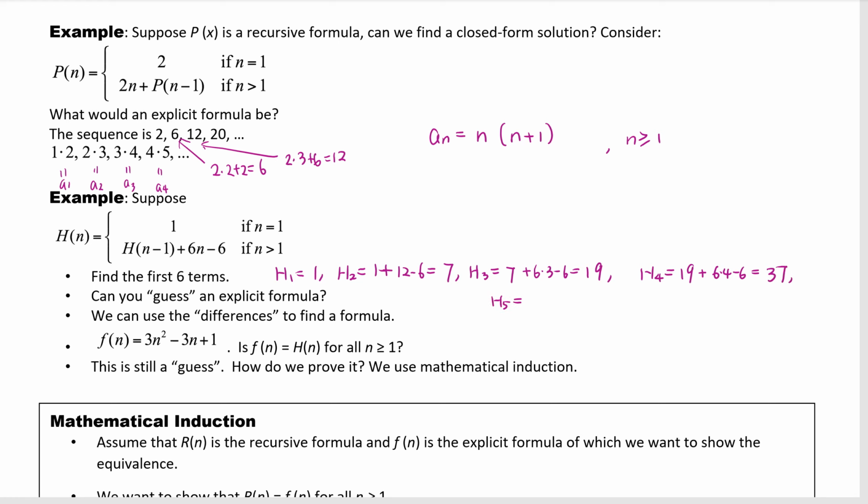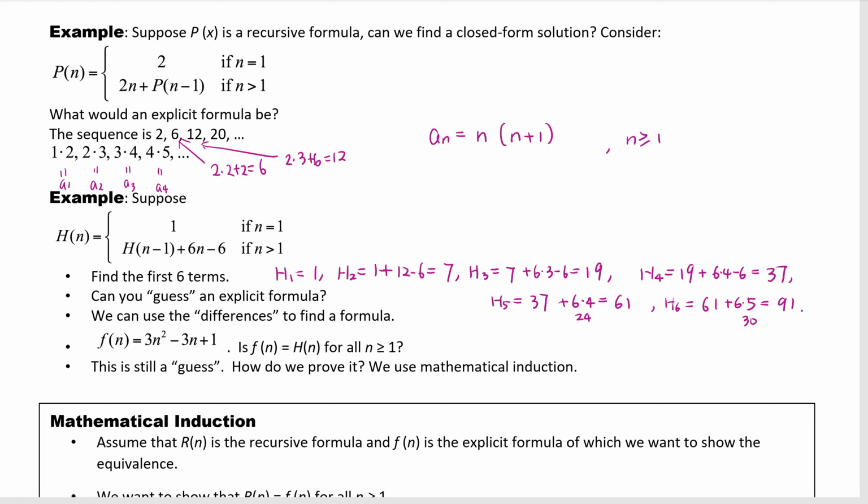H5 is 37 plus 6 times 5 minus 6, so 6 times 4. Well, that's 24 plus 37, is 61. Okay, H6 is 61 plus 6 times 5, right? So that's 30, okay, 91.